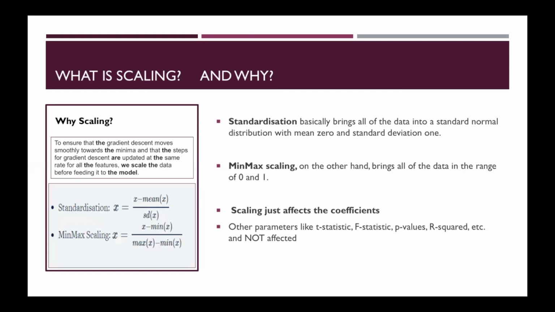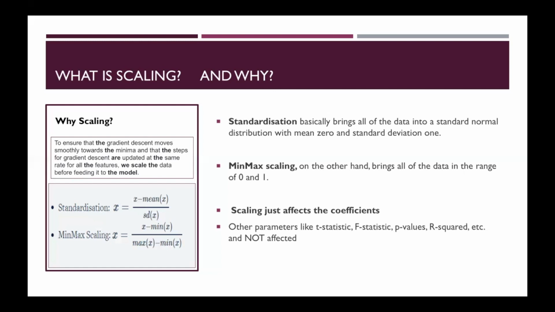There are two types of scaling: one is standardization and one is min-max scaling. Standardization brings all of the data into a standard normal distribution with mean 0 and standard deviation equal to 1. Min-max scaling, on the other hand, brings all of the data into the range of 0 and 1.